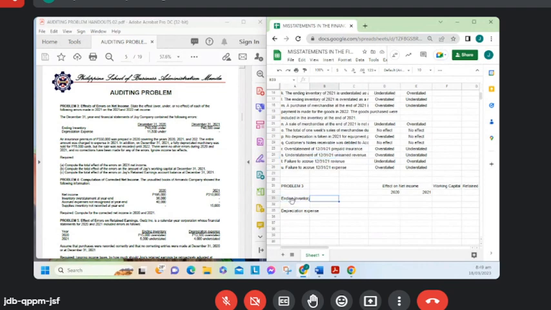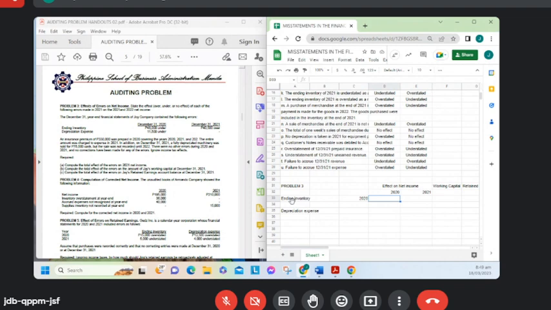So the ending inventory at the end of December 31, 2020 is understated by 48,000. The effect of that is an overstatement in cost of sales.